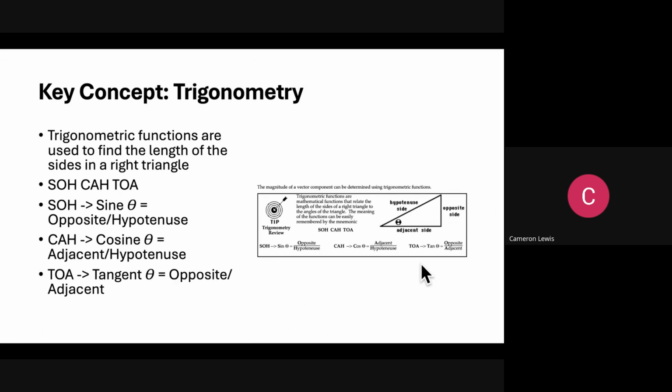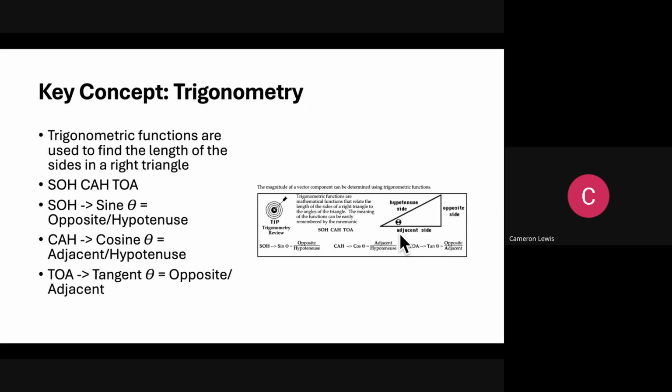Now, when you look at an angle, like the one right here where my mouse is, the side opposite of that angle we call the opposite side. The side that's closest to it we call the adjacent side. So we have those 3 sides of a right triangle: the hypotenuse, the opposite, and the adjacent side.